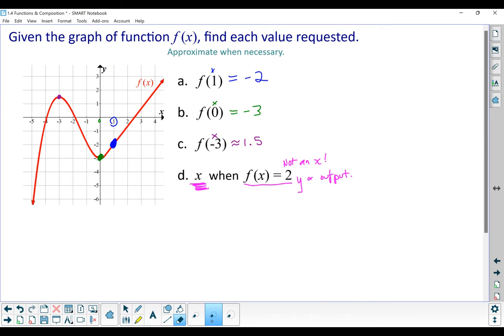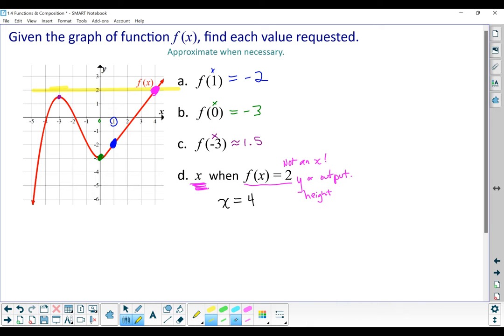So we want to look on our graph for when the height of the function is 2. We're looking for when it hits a height of 2. So hopefully you can notice that over here is where it hits that height of 2 finally. So our x value would be 4.